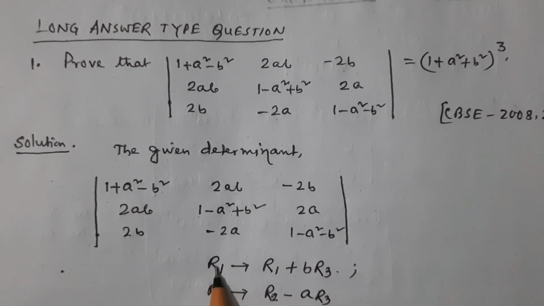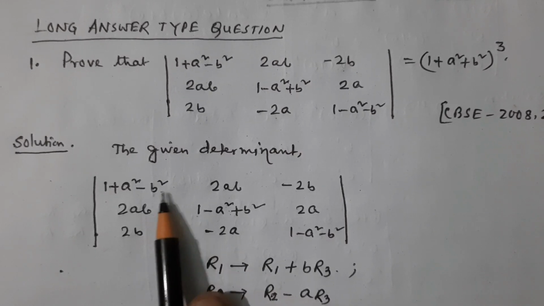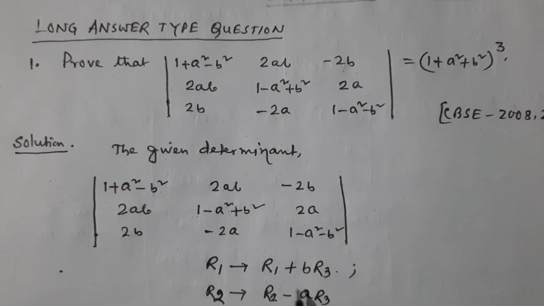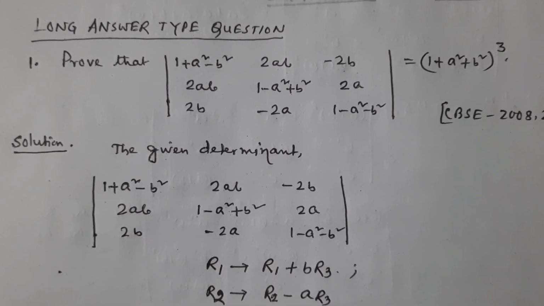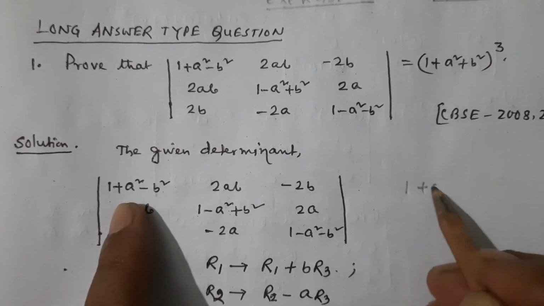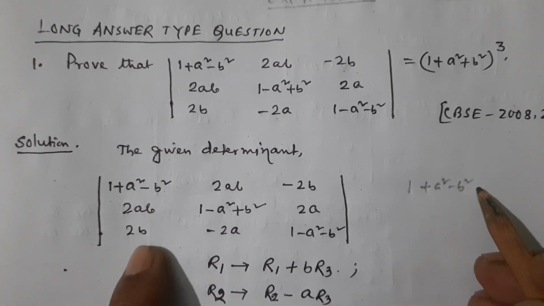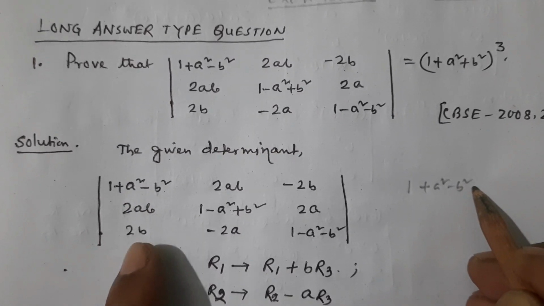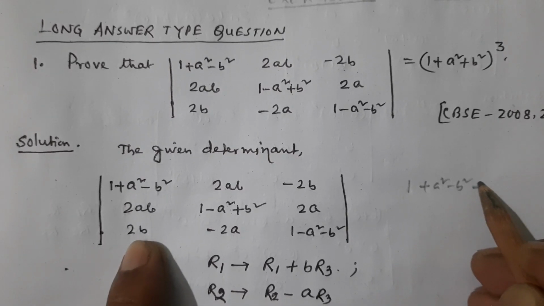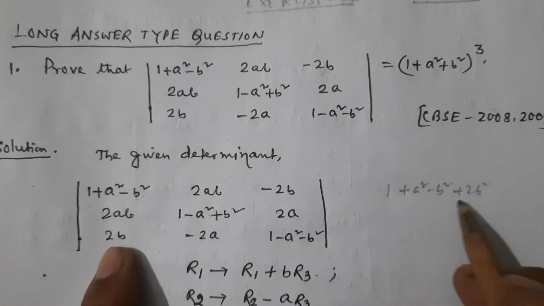The new first row first element is 1+a²−b² plus b into 2b, that is plus 2b², which can be written as 1+a²+b².